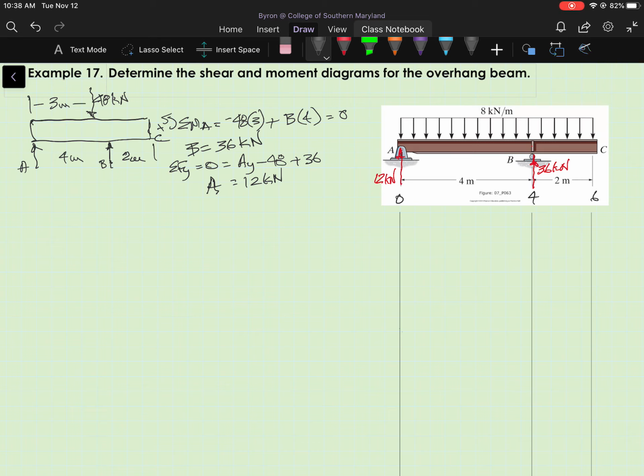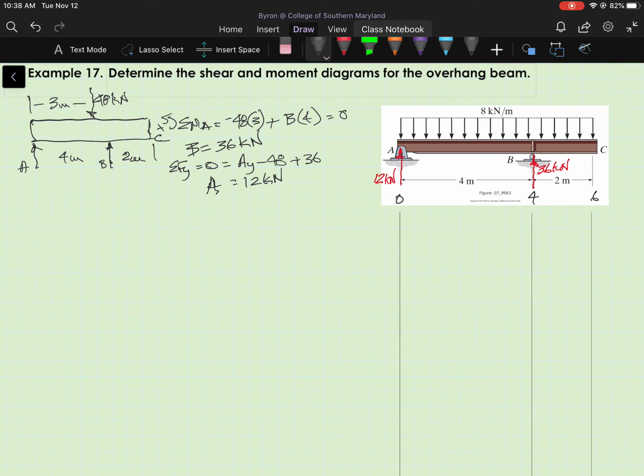And remember, we define discontinuities in the shear and bending moment functions as a concentrated force being applied, a moment being applied, or a distributed load changes value.